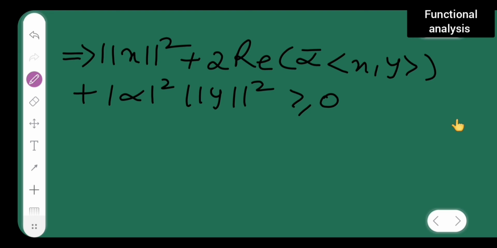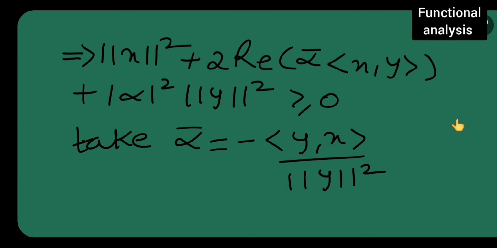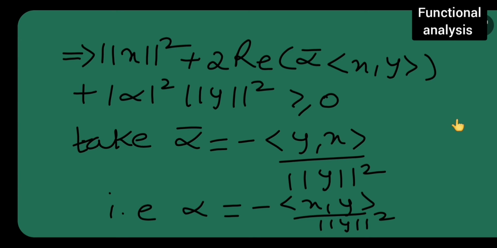Now take your alpha bar as minus inner product of y comma x upon norm of y the whole square. So that is, my alpha is equal to minus inner product of x comma y upon norm of y the whole square.